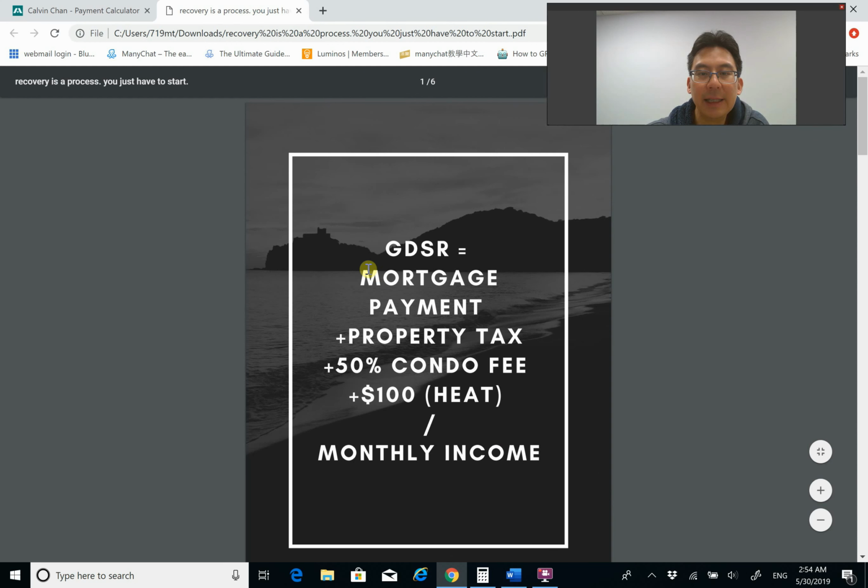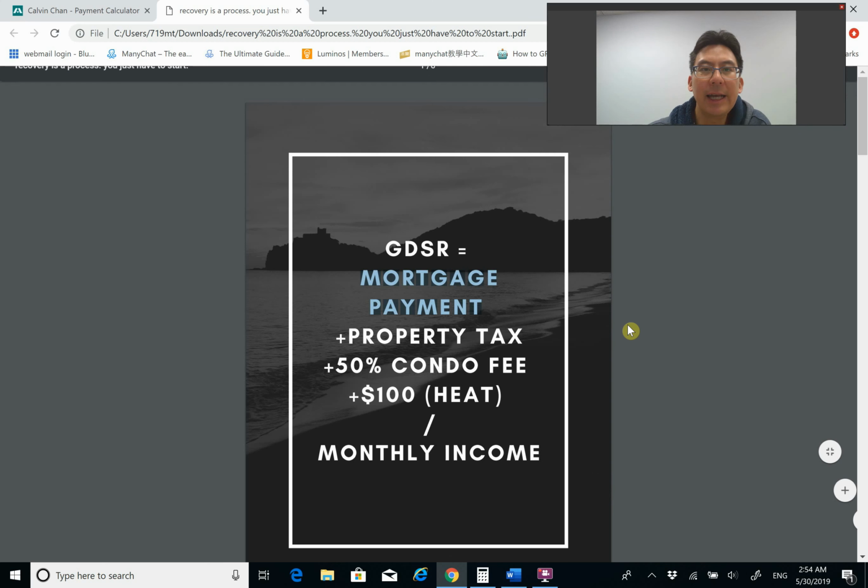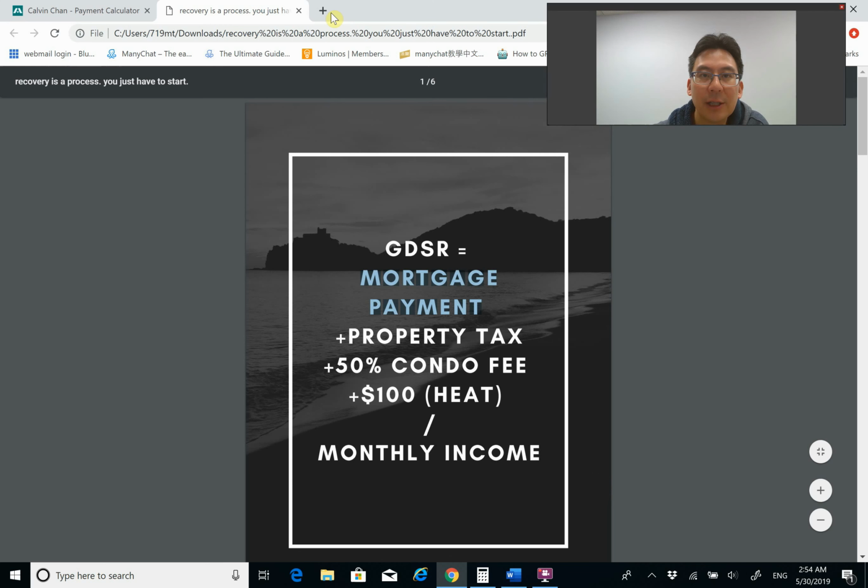So that's the monthly payment that we are talking about. Okay. Next item you need to know is property tax. Property tax is easy. If you're buying a resale property, you look at the MLS listing, and it is there telling you.